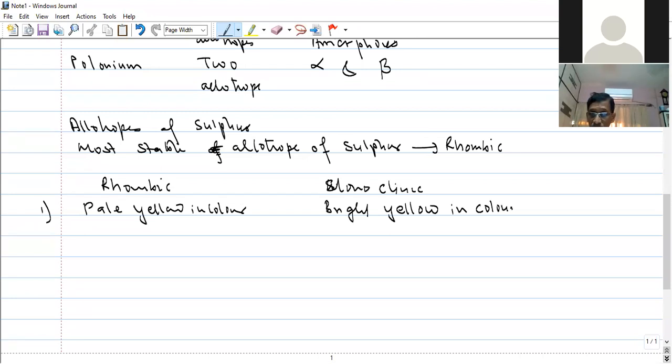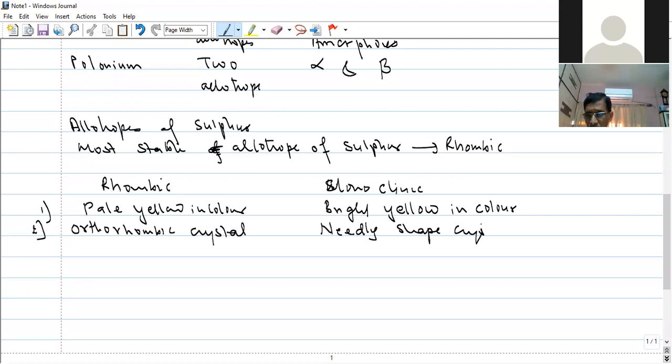Secondly, rhombic has an orthorhombic crystal structure, and monoclinic has a needle-shaped structure, needle-shaped crystal.